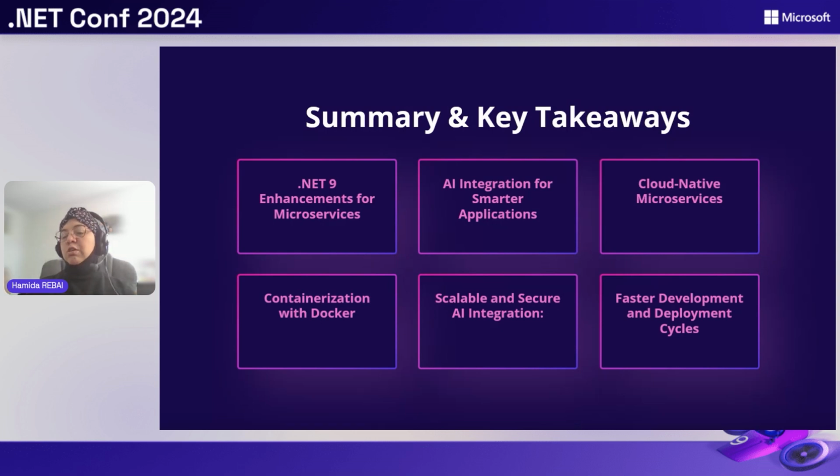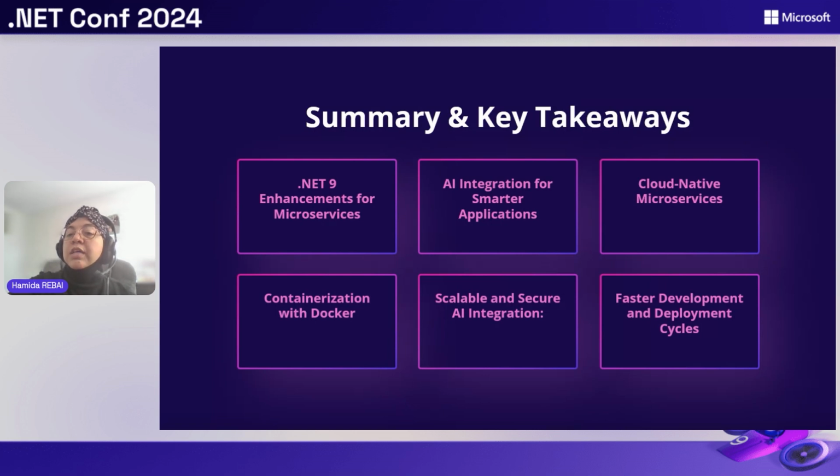And we talk about cloud native microservices because with .NET 9's cloud native capabilities, microservices can be deployed and managed efficiently on cloud platforms like Azure or any other cloud platform, ensuring high availability, scalability, and resilience.